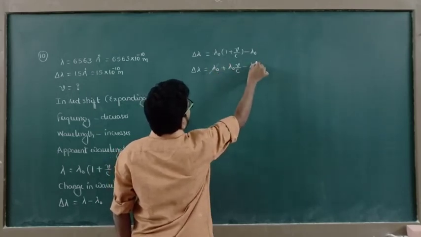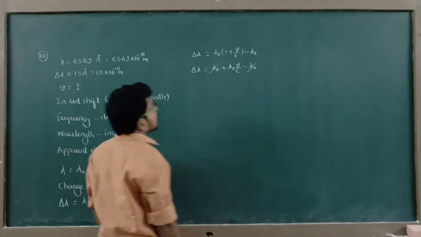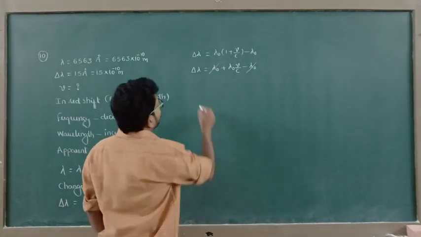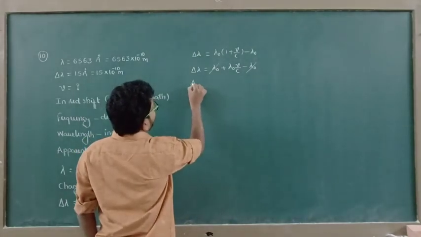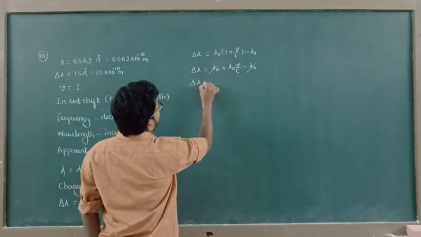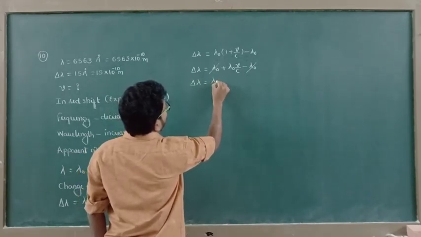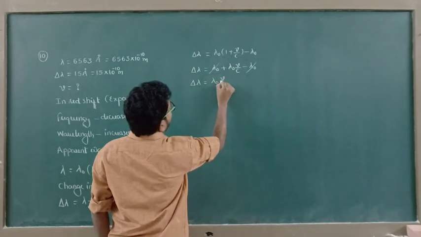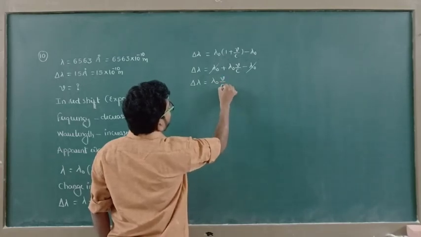Lambda naught minus lambda naught get cancelled. Then delta lambda is equal to original wavelength, relative velocity between source and observer divided by speed of light.